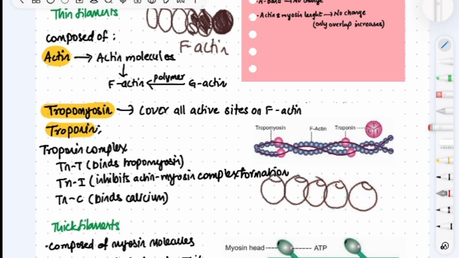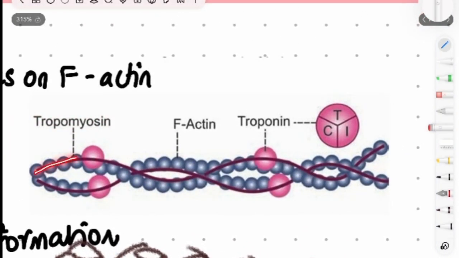These active sites must remain in a closed state, otherwise contraction takes place. So to cover these active sites, we have tropomyosin. You can look here, the tropomyosin is distributed like this on the active sites of the F-actin. And at regular intervals on the tropomyosin, we have troponins distributed like this.